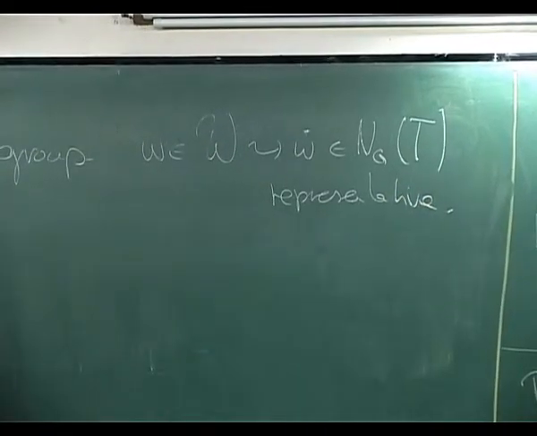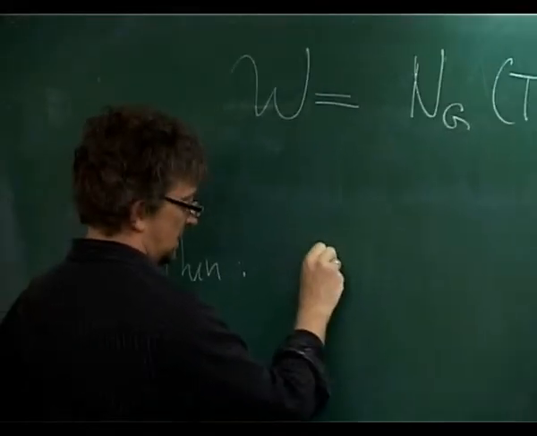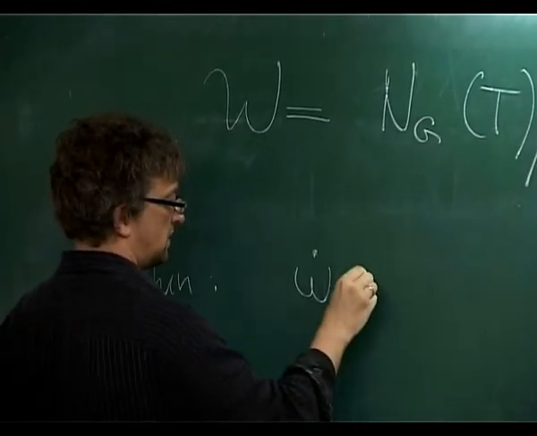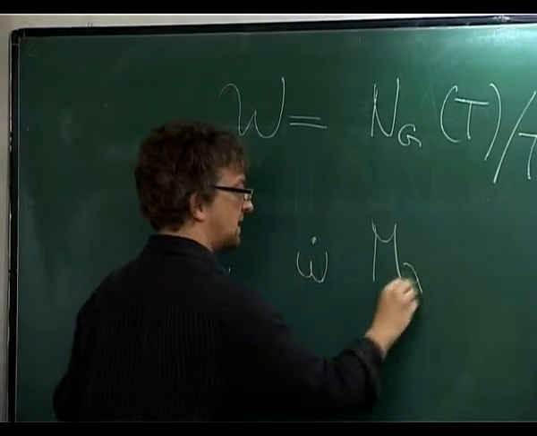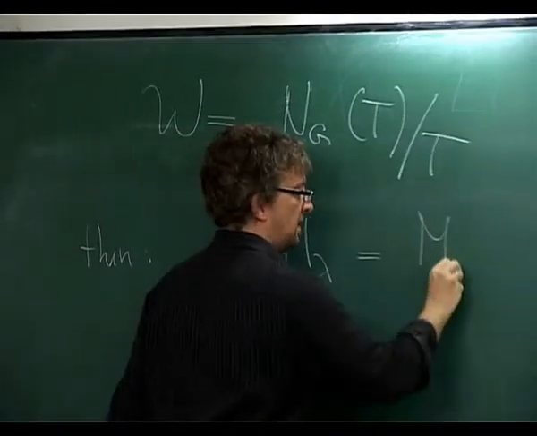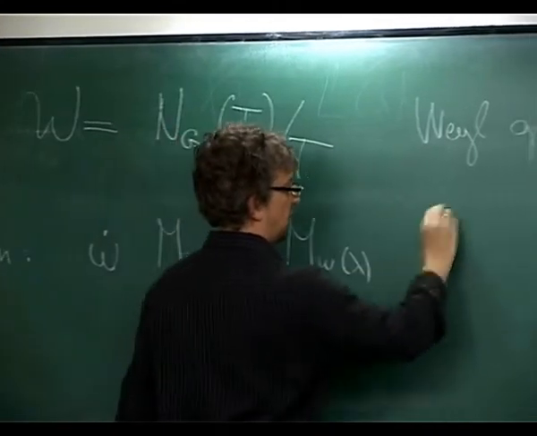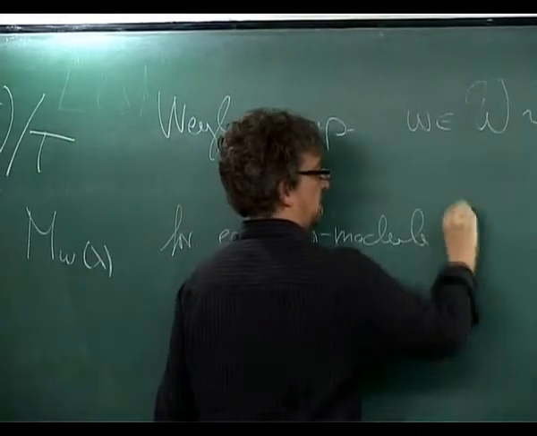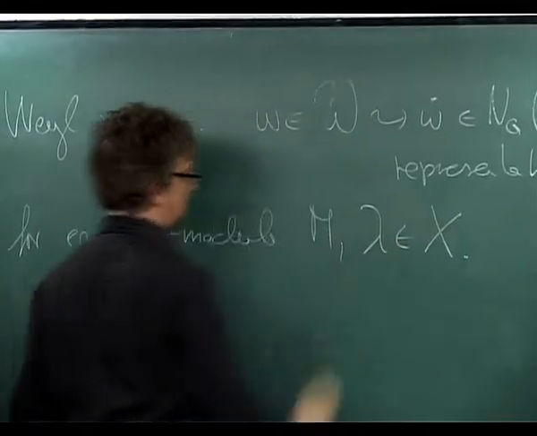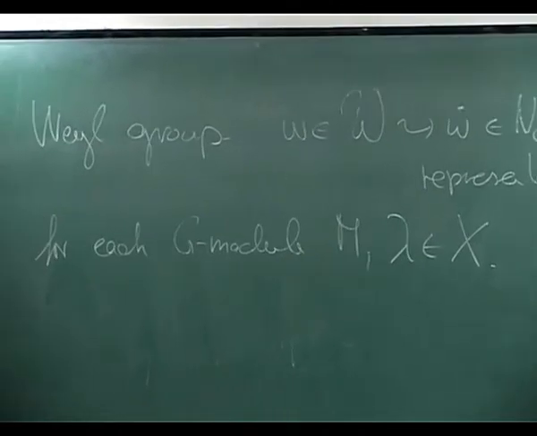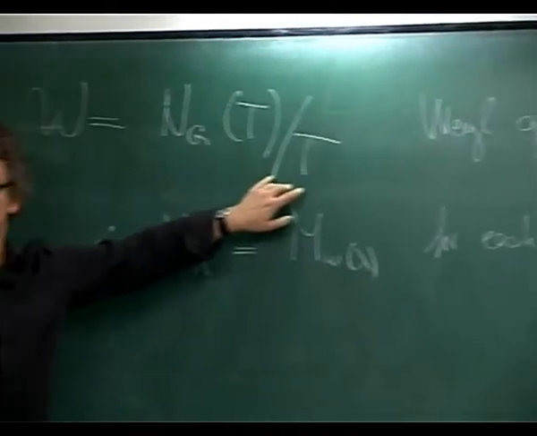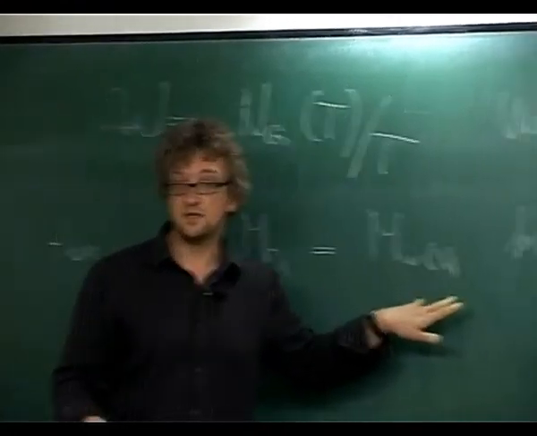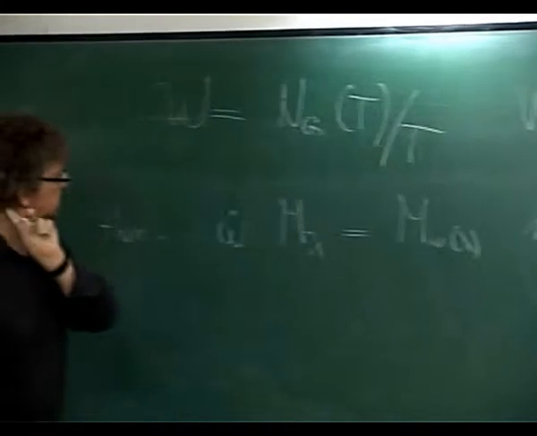Then that's an easy calculation that w dot M_lambda equals M_{w(lambda)} for each G module M and each weight lambda in X. So the Weyl group acts on T, of course, by conjugation. Then it also acts on the weight lattice. And so this is an easy calculation.